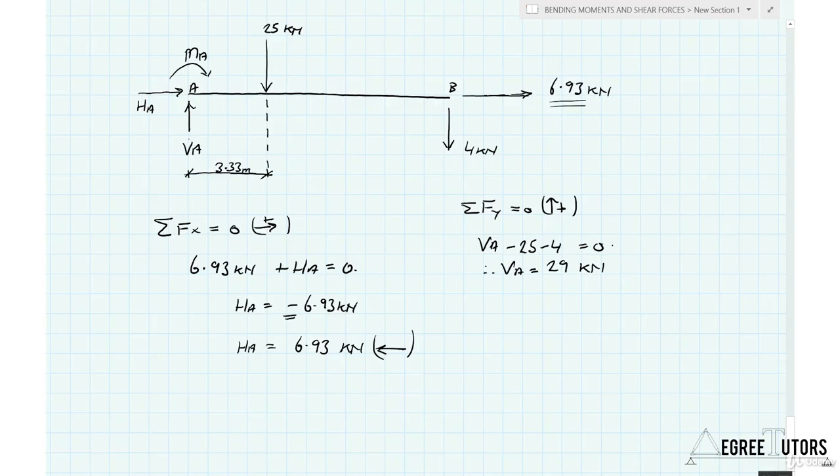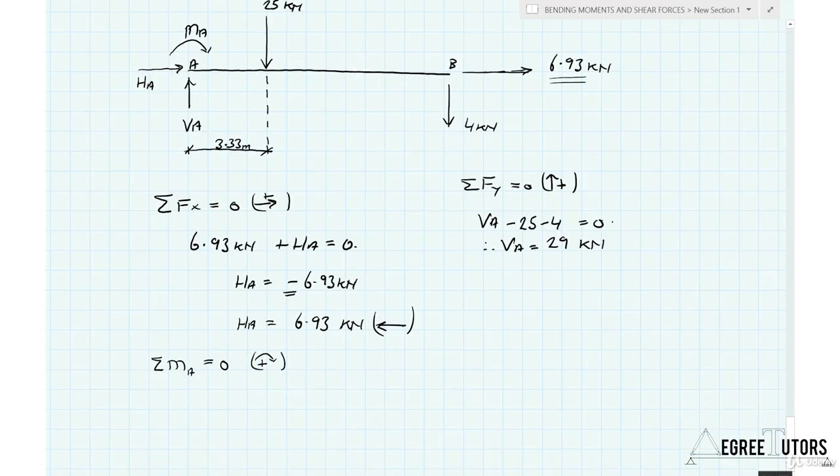Now, we've got to work out the moment reaction. So the sum of the moments about point A is going to equal 0. We'll assume clockwise is positive. And what do we have? We have MA, which is the unknown here, plus 25 times 3.33 plus 4 by the length of this structure, which is 10 meters.